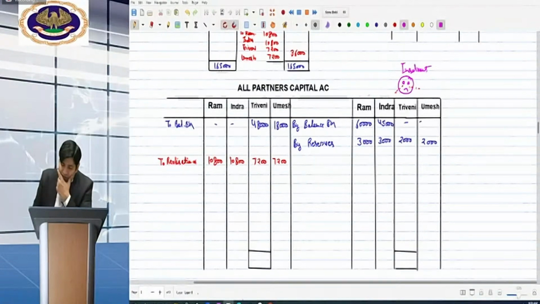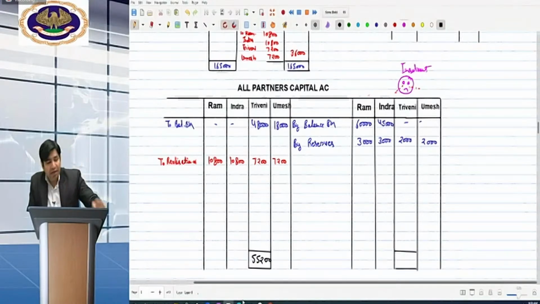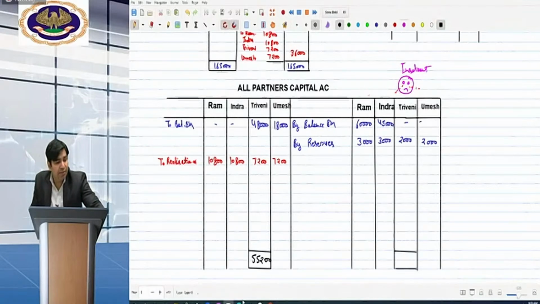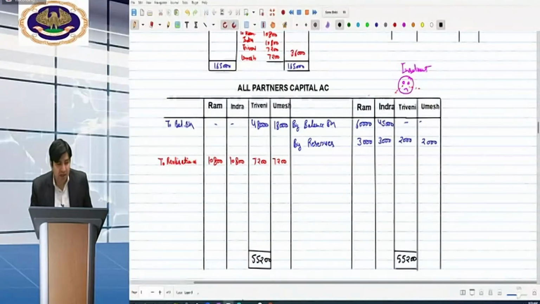Now, what is the total amount? 55,200 is the total. Is the screen clearly visible to you or not? Tell me first, or I have to zoom. So after transferring this, now we are finding the amount of loss. For this, we first have to credit the amount we have received.